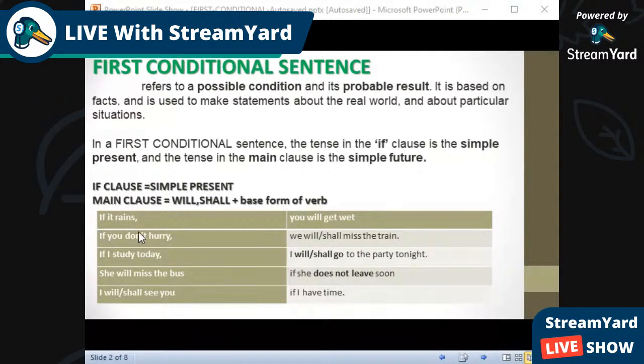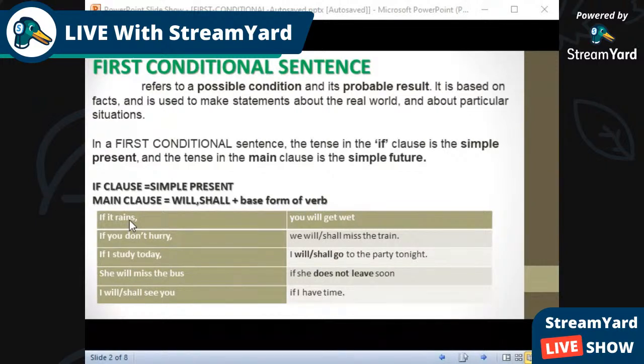Let's have the examples. If it rains, you will get wet. So in here we have the conjunction if, and then the subject it, and then the action is in S form since we have only one, a singular subject.